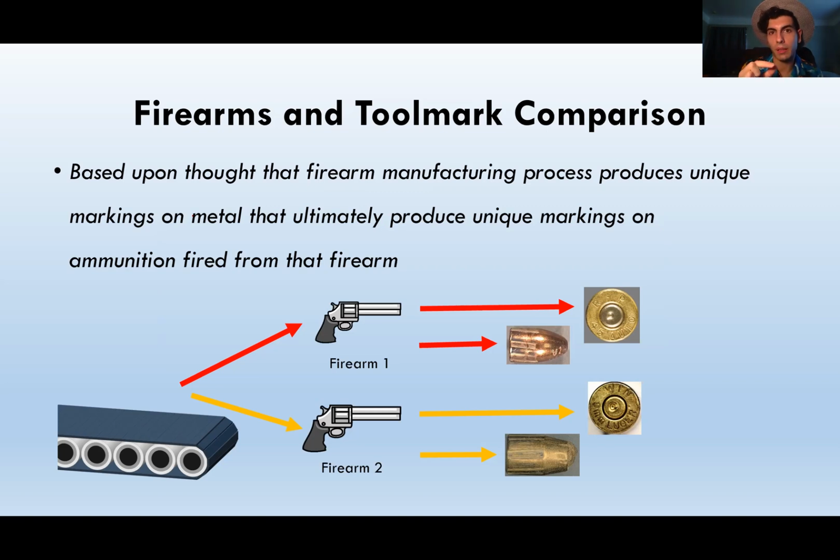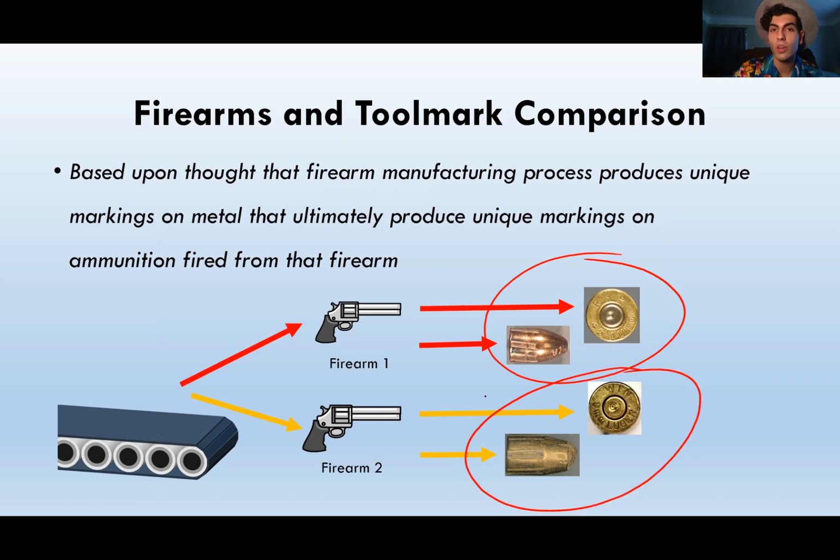Okay? So if I had two firearms that came on the conveyor belt one after another, the markings on these bullets right here are going to be different than the markings on these bullets right there. All right? So say that this was made at 8 a.m. That man that is smoothing down the barrel of the gun, he's chipper, he's happy, he got a good night's rest.